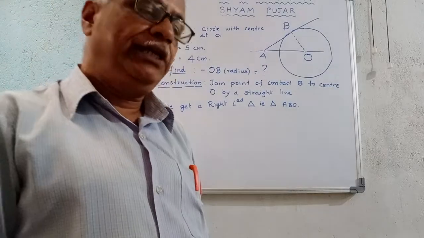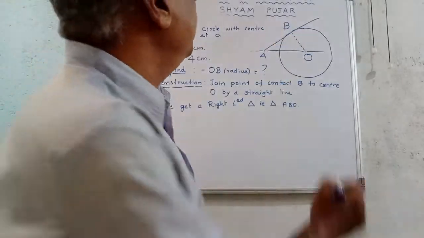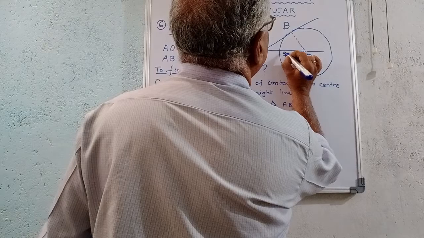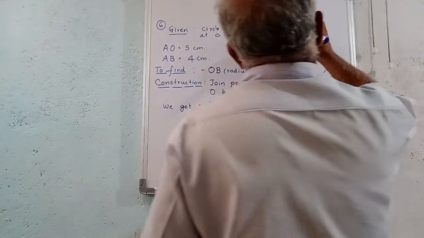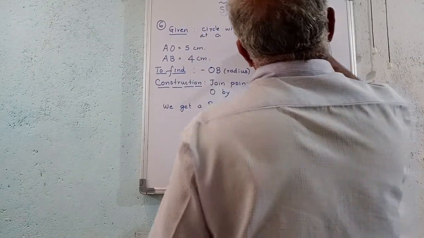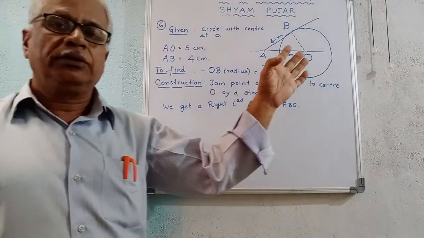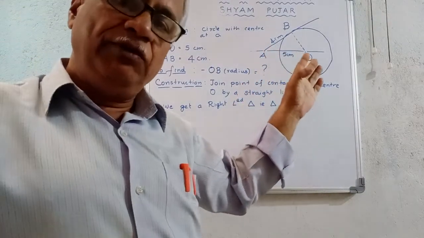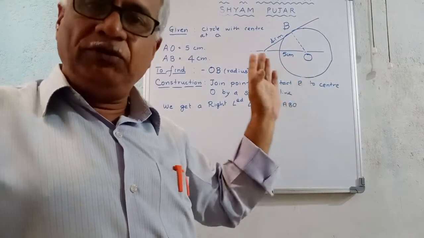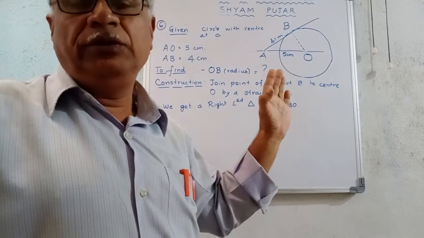Now how can we proceed? We have to find the length of OB. Now this is 5, this is 4. Is the situation clear? Have you understood what is given in the problem and what we are supposed to find out?